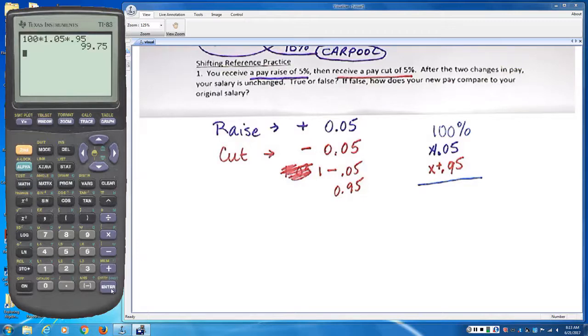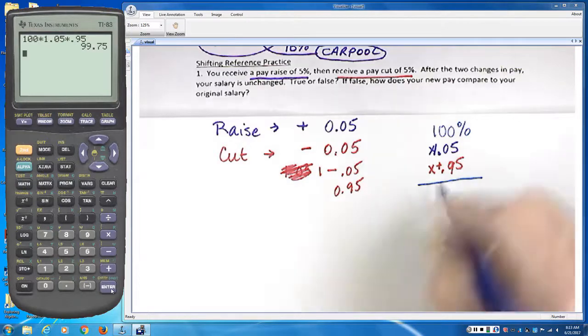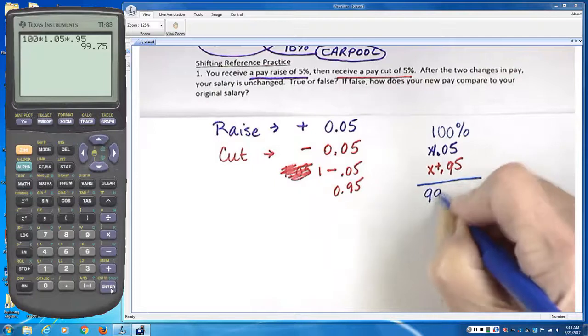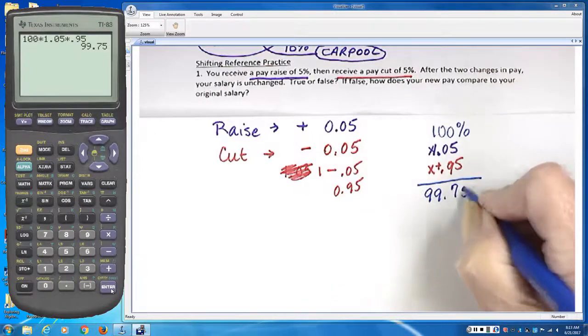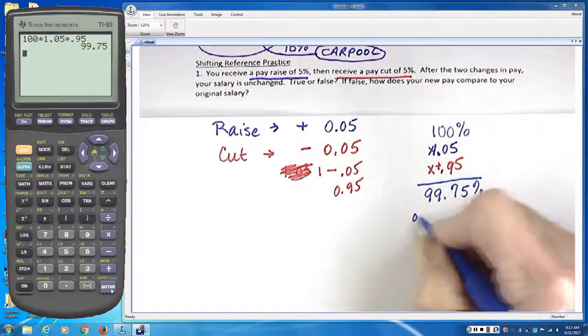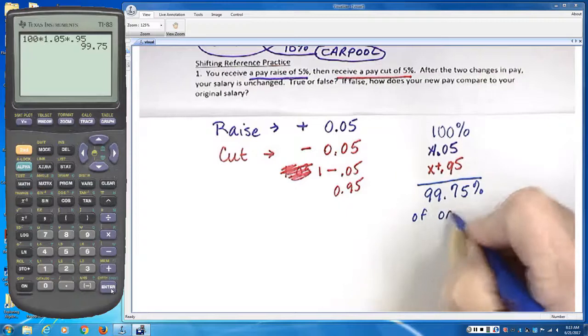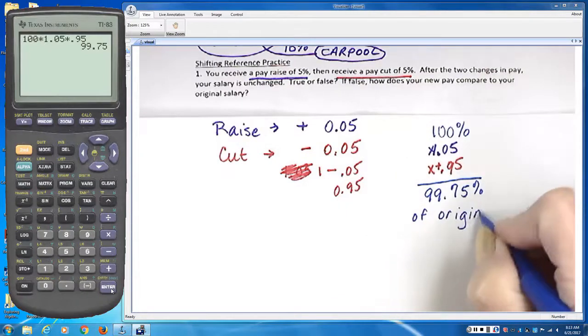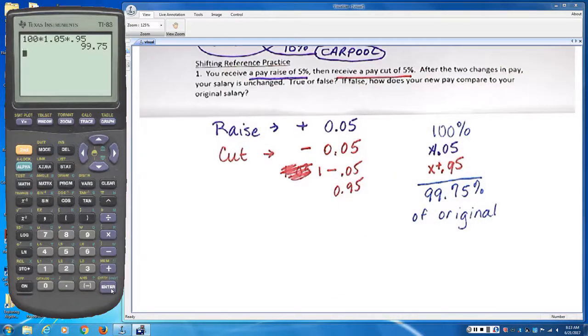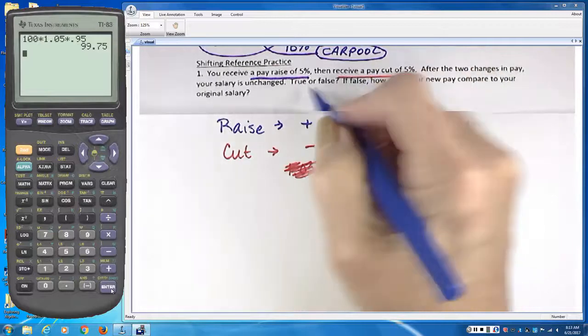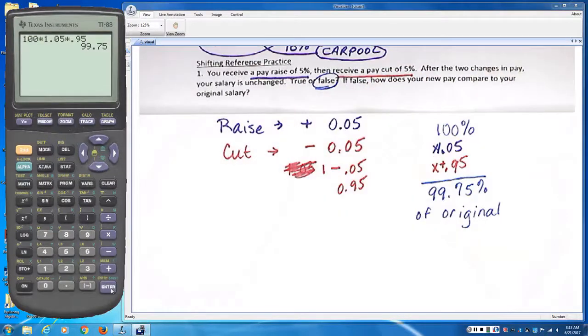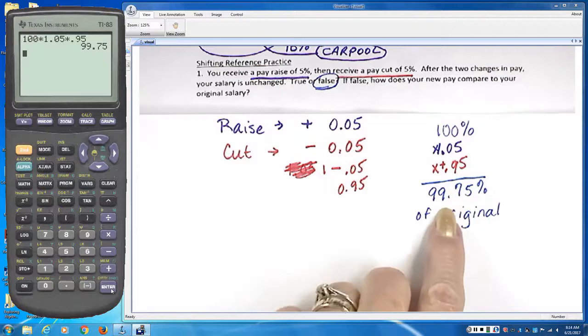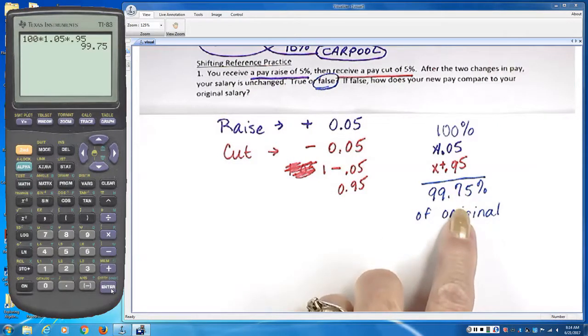And it says, well, actually, when you're done, you're only going to make 99.75% of your original salary. So actually, that's false. You do not have your same original salary. You didn't lose much, but you did lose 1/4 percentage point of your salary.